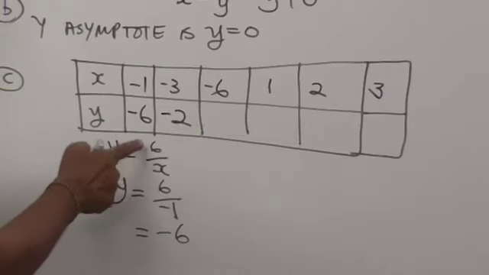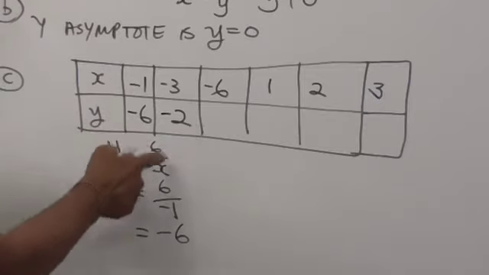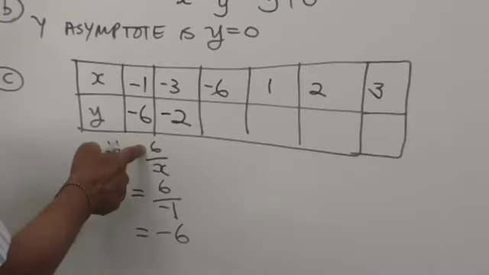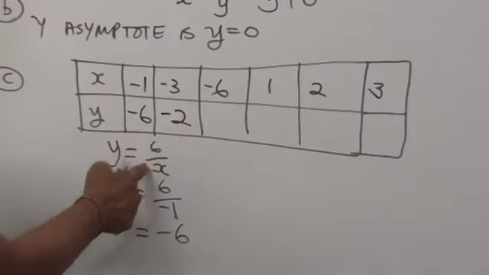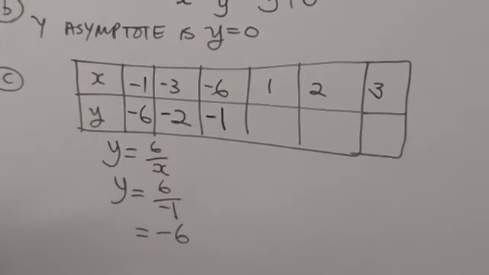Oh, sorry. 6 divided by -1, correct, will give you -6. 6 divided by -3 will give you -2, correct. 6 divided by -6 will give you -1. So you do your working like that, step by step.